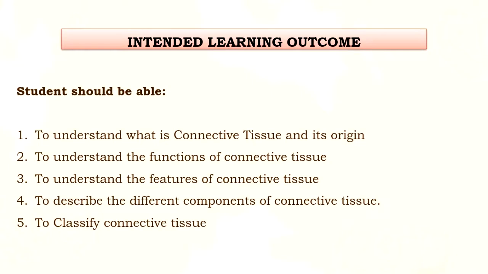So at the end of the lecture, you all should be able to understand what is connective tissue and its origin, to understand the functions of connective tissue, to understand the features of connective tissue, and you will be able to describe different components of the connective tissue, and you will be able to classify connective tissue as we finish this topic. So let us first start connective tissue.